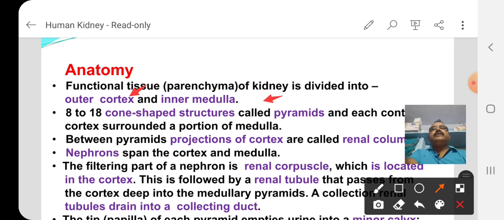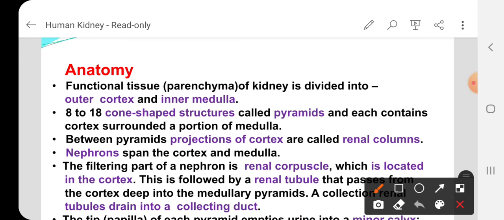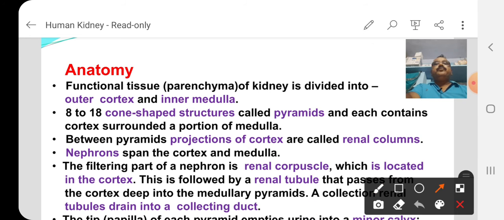There are 8 to 10 cone-shaped structures called pyramids, and each contains cortex surrounded by a portion of medulla. Between pyramids, projections of cortex called renal columns, and the nephrons span the cortex and medulla.